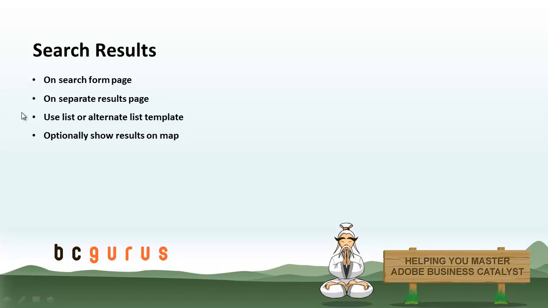The actual layout for the results is based on one of your list templates for the web app, and you can specify on the results module whether or not you want to use the primary or the alternate list template. And optionally, as we talked about in the previous video, you can show the results of search on a map as well if you've got the location and address fields enabled and populated.